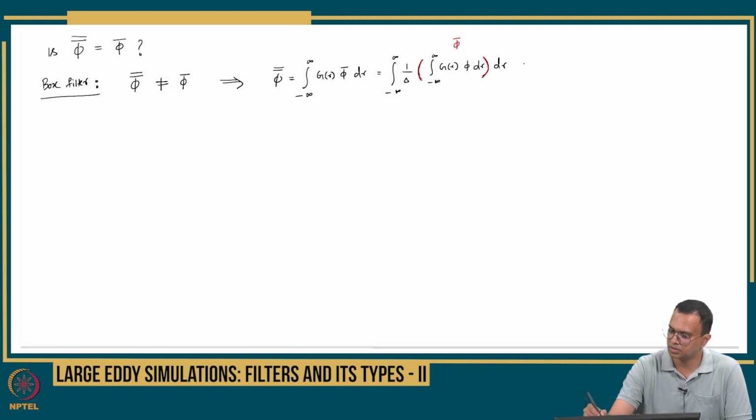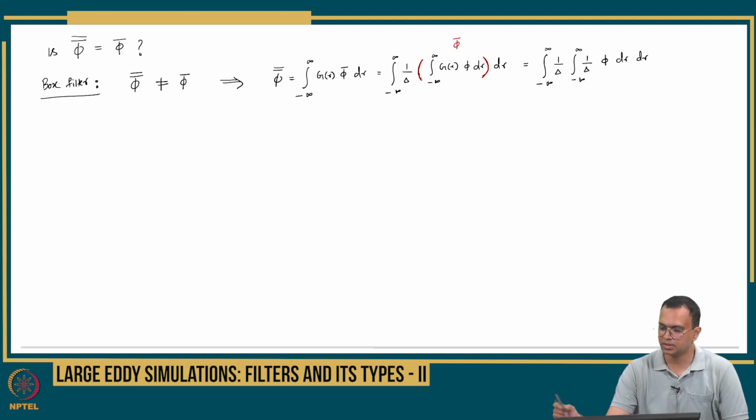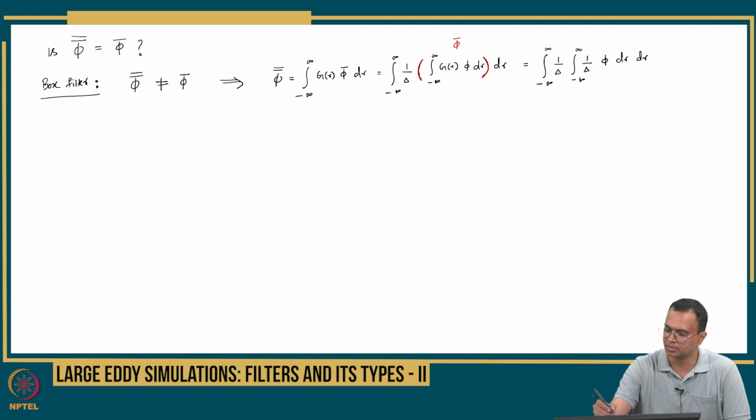Now this is equal to the integral from minus infinity to infinity of 1 by delta, times the integral from minus infinity to infinity, again g of r is 1 by delta, phi. Now obviously this is not equal to phi bar. What is phi bar? Phi bar is what is inside this red, which is just the integral from minus infinity to infinity of 1 by delta phi dr. So this is phi bar.